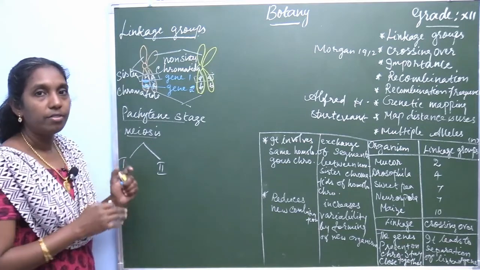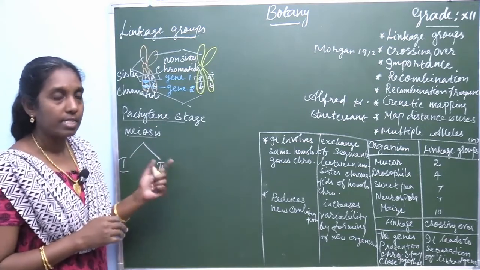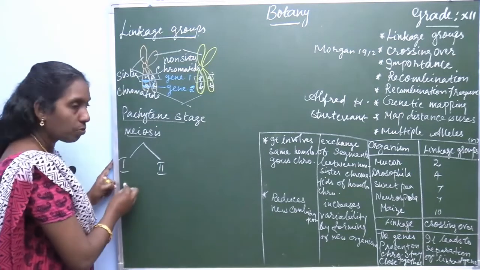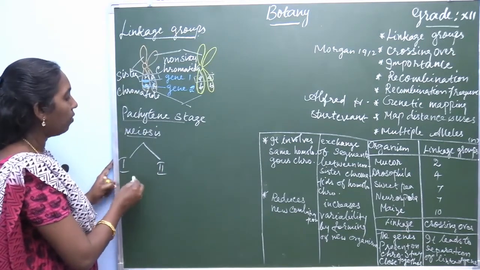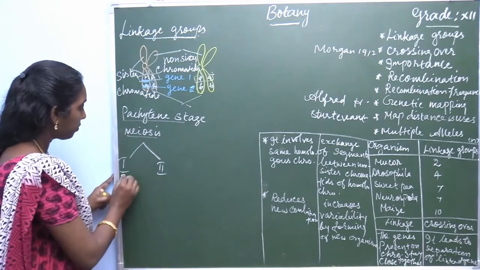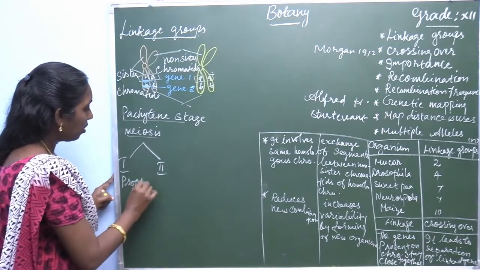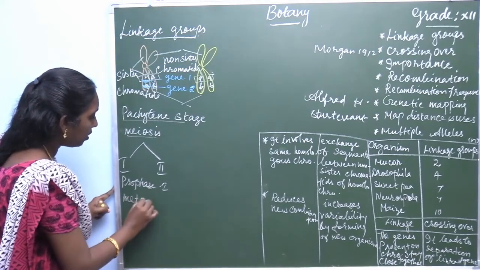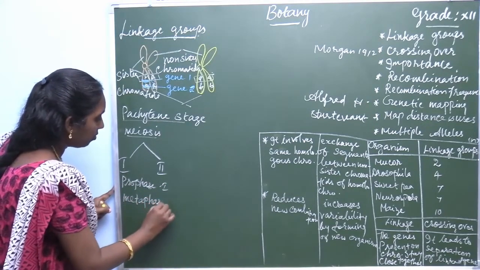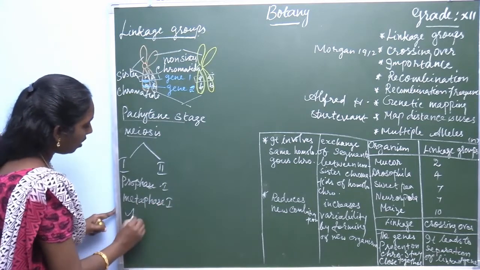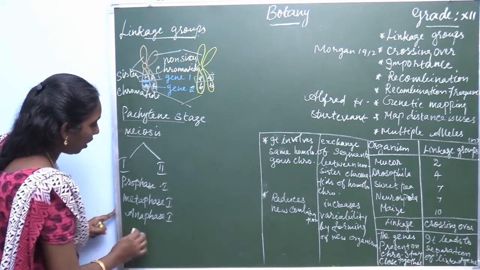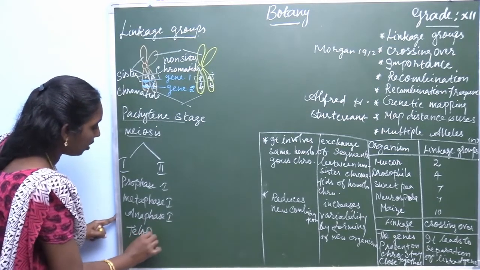Let us recall what you learned in the 11th standard. Meiosis 1 consists of prophase 1, metaphase 1, anaphase 1 and telophase 1.